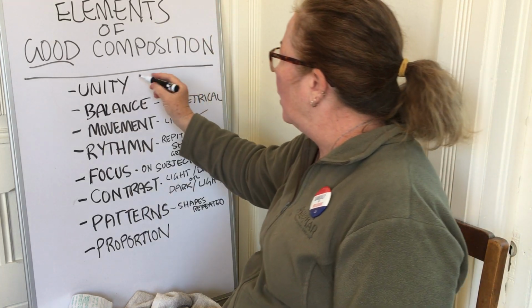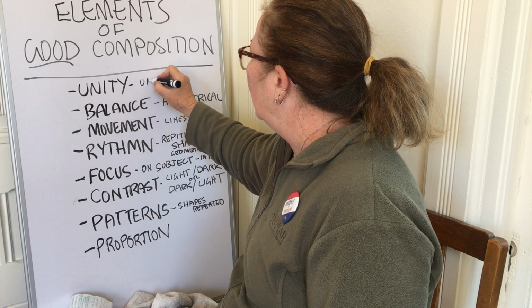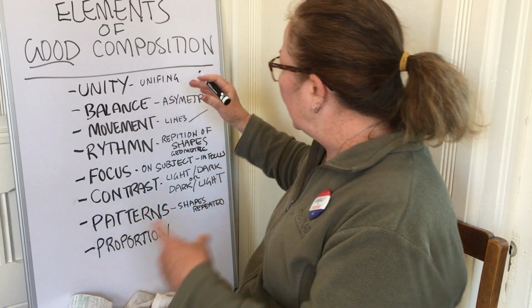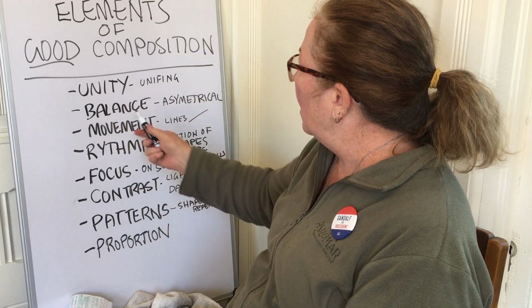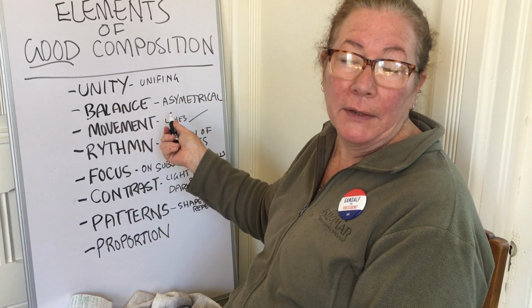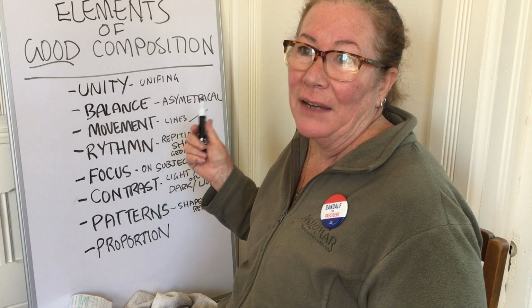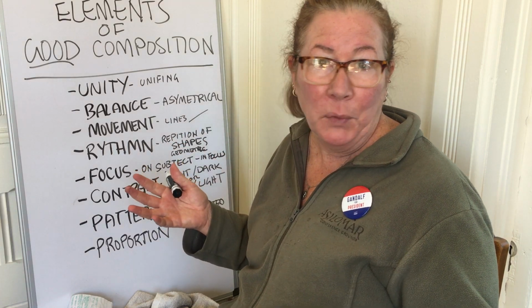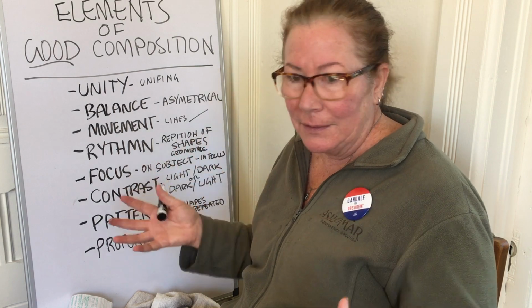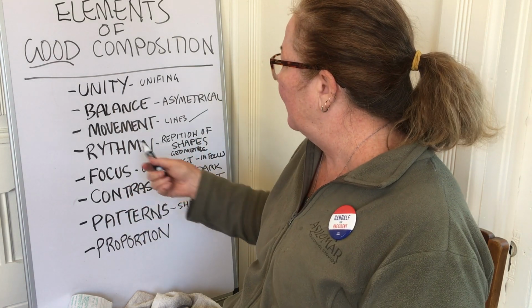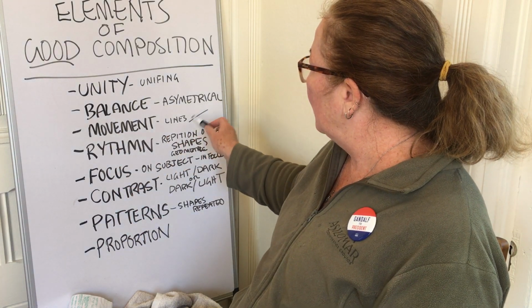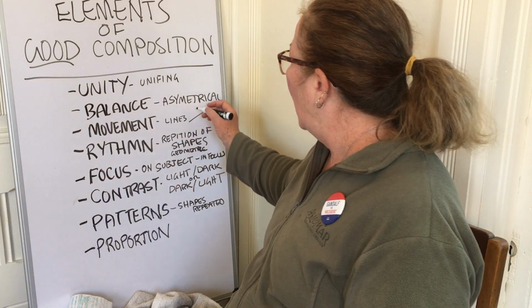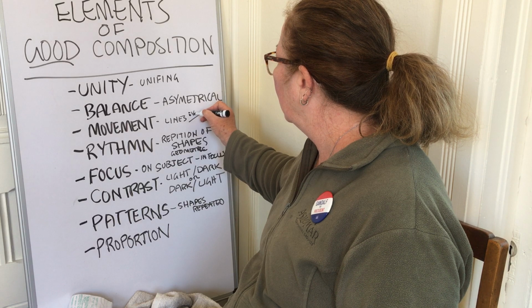Unity, right? We want our composition to be unified. We want unifying forces in there, things that kind of bring it together, okay? We want balance. Asymmetrical is best because it gives more visual interest, but also symmetrical balance can work sometimes. Some photographs you want symmetrical. Movement, often done with lines and eye directors, we'll say that.